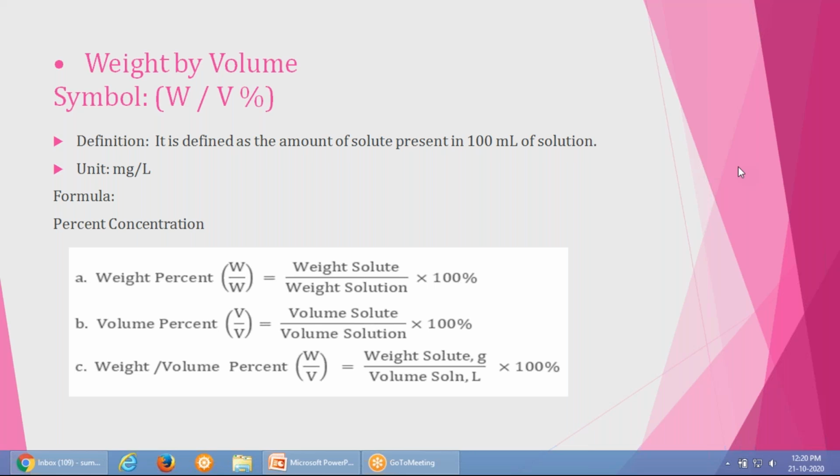So this is very simple. Just check what is the weight of solute you are taking and how much quantity of solution you are dissolving, and multiply it into 100. So that is the percent weight by volume.